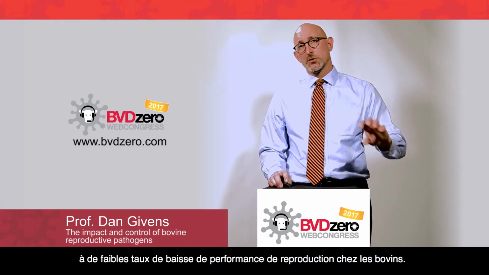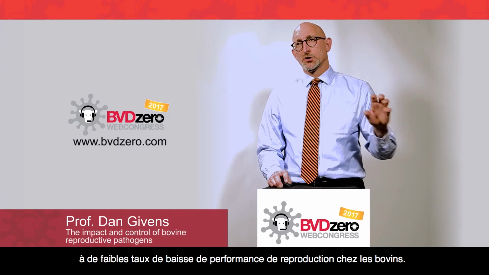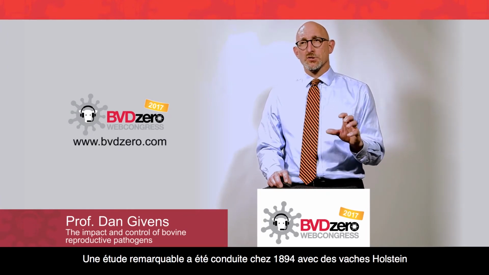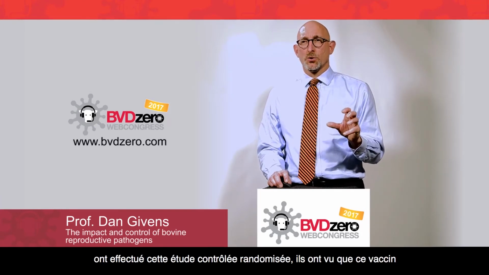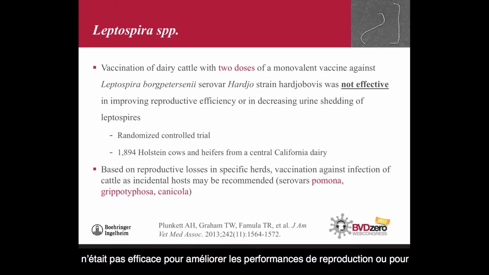When they did this randomized controlled trial, they saw that this vaccine was not effective in improving reproductive efficiency or in decreasing urine shedding of lepto. So in essence, that caused us to say this very specific vaccine focused on lepto control was not decreasing reproductive loss, and it was not decreasing the urine shedding of this organism into the environment.